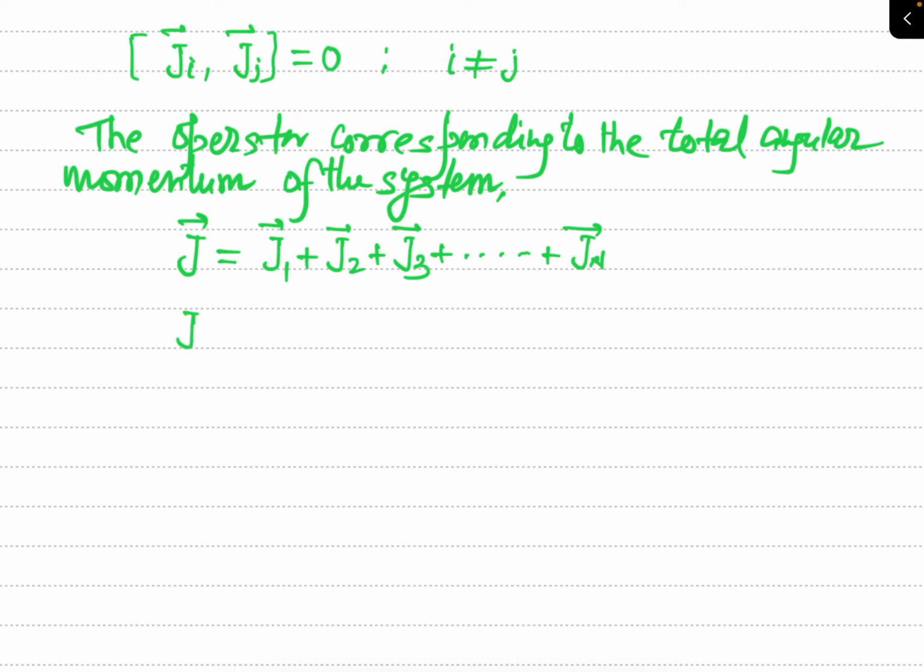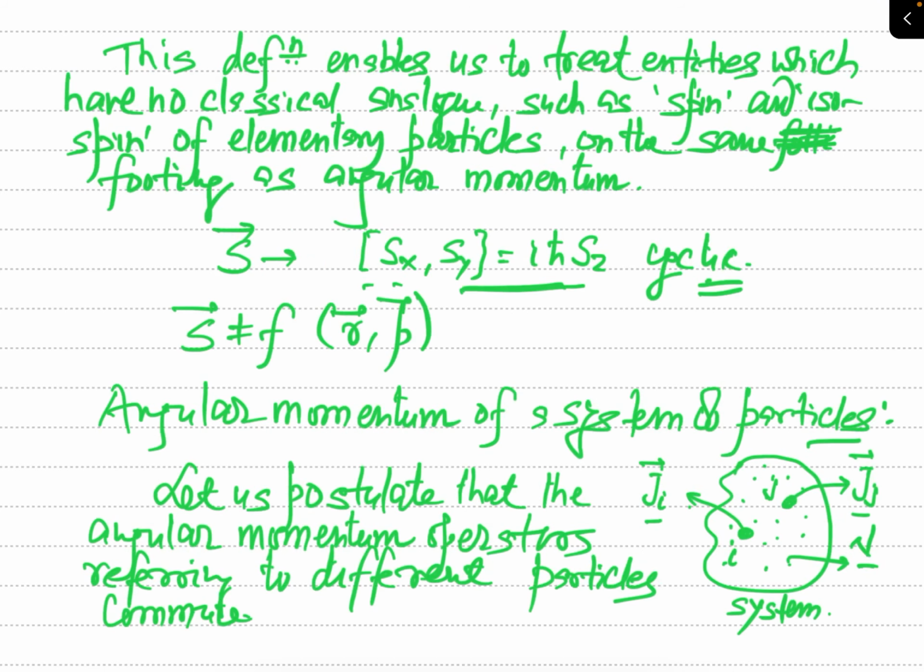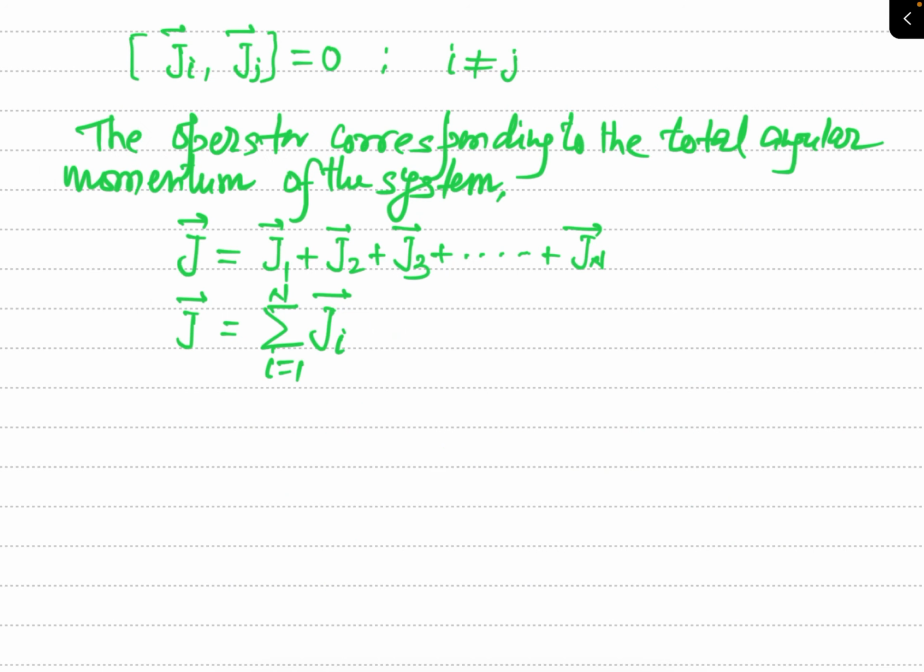Or in brief, you may write it in this way: J equals the summation of Ji, where i runs from 1 to n. So this is just a simple technique to find the total angular momentum operator for a system of non-interacting particles. In fact, this idea is very useful when we discuss the atomic spectra.